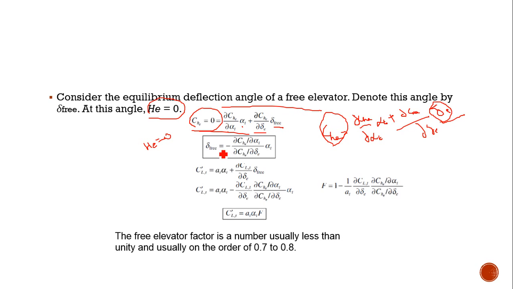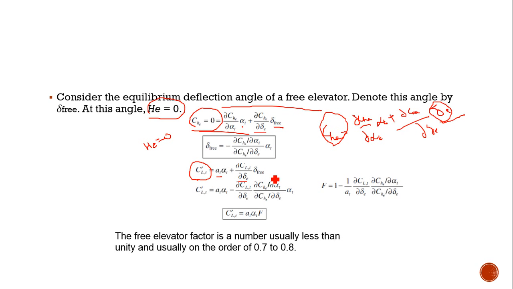So therefore delta free equals minus ∂CH/∂α_t divided by ∂CH/∂δ_E into α_t. We know from the previous equation we found the CLT value. So the CLT formula is equal to a_t α_t plus ∂CLT/∂δ_E into delta free.